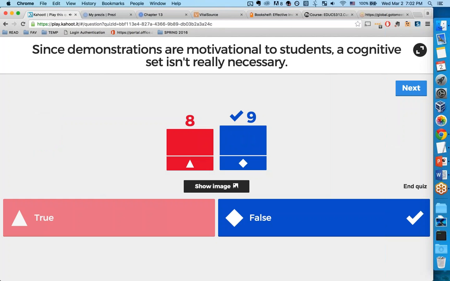The correct answer was false. Even though demonstrations could be motivational and students could be very interested in them, some sort of cognitive set, some sort of introduction in the beginning, would be ideal for your demonstration. So they are actually necessary.